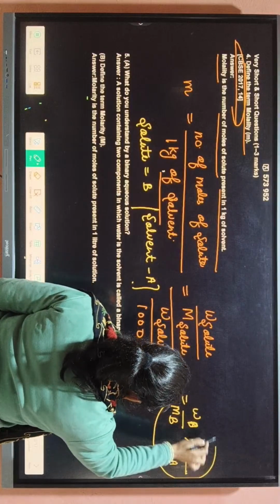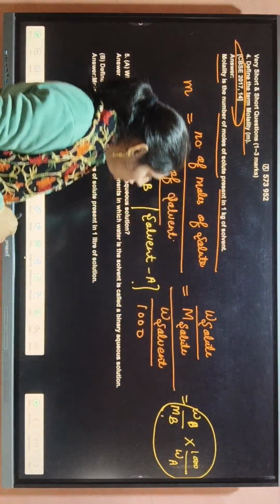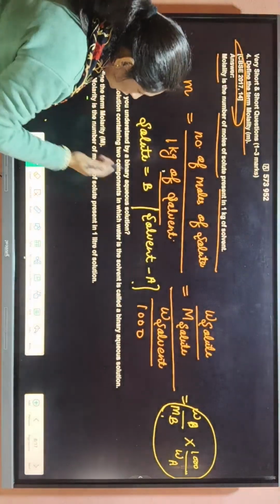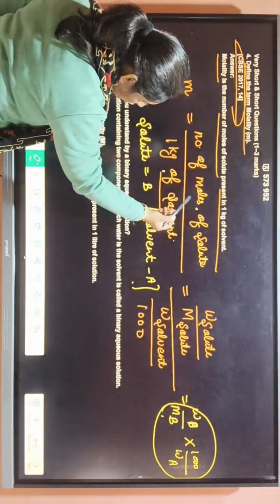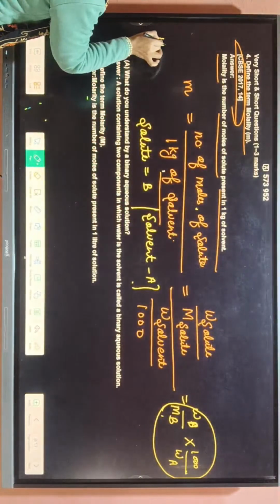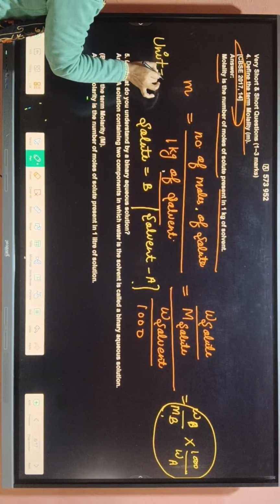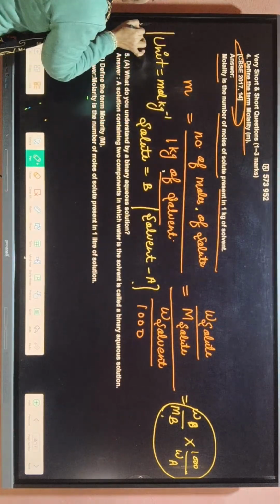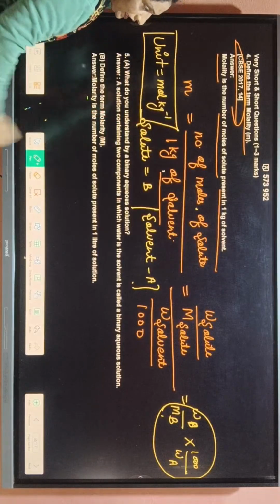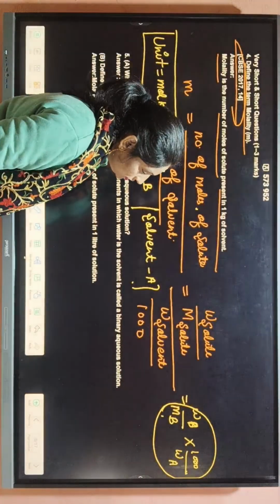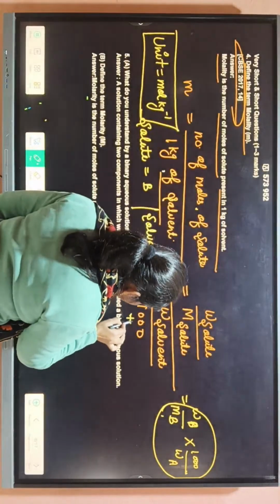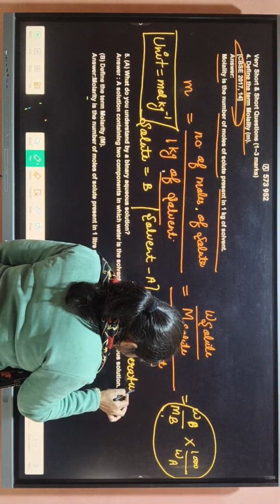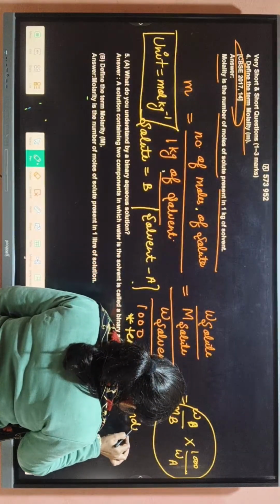So by using this formula you can calculate the molality. If we talk about the unit, its unit will be mole per kg. Okay, and already I told it is temperature independent.